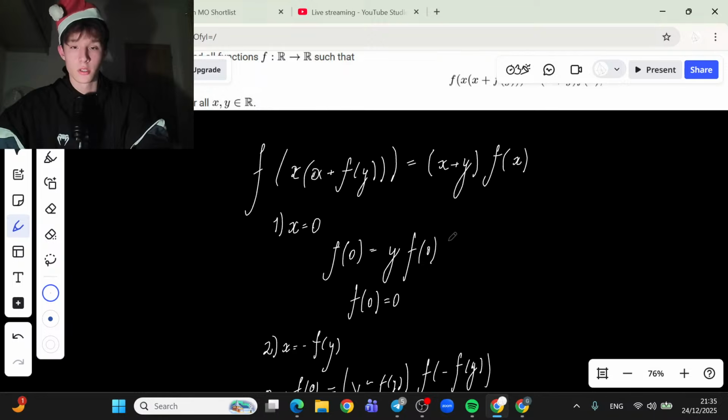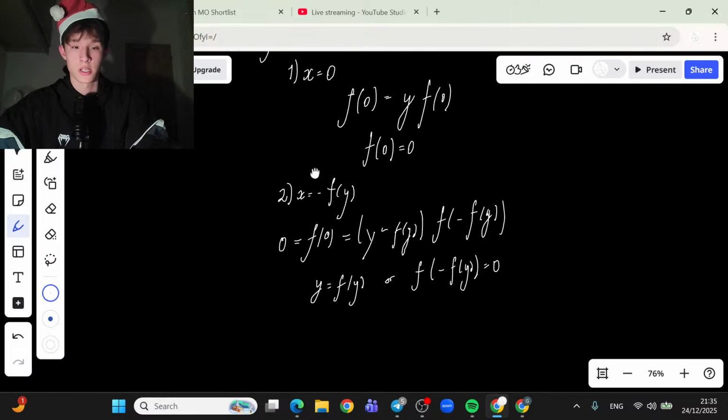Well, we clearly know that unless f is equal to 0 at all points, which is a solution, we know that f is surjective, because if there's a non-zero value, we plug it in here and multiply by whatever we want, which essentially gives us that f is surjective.